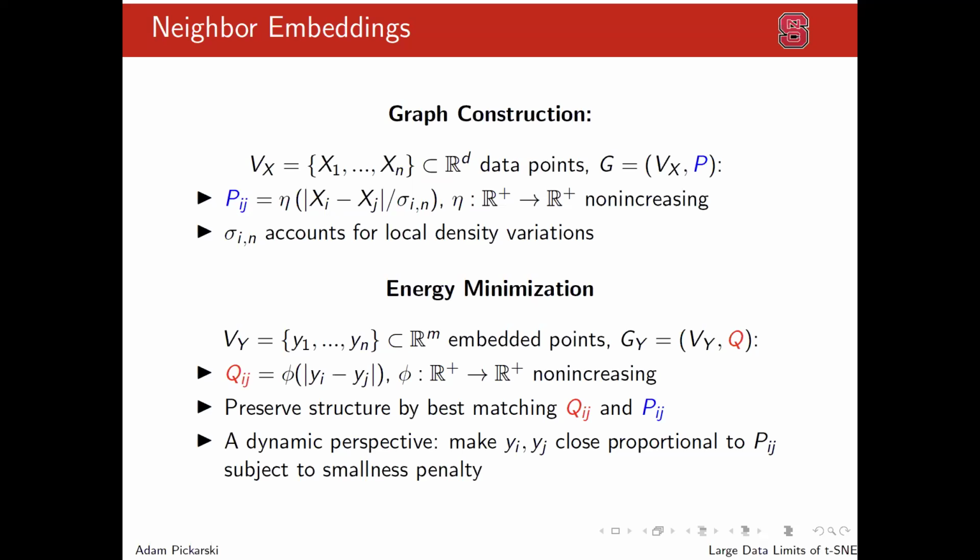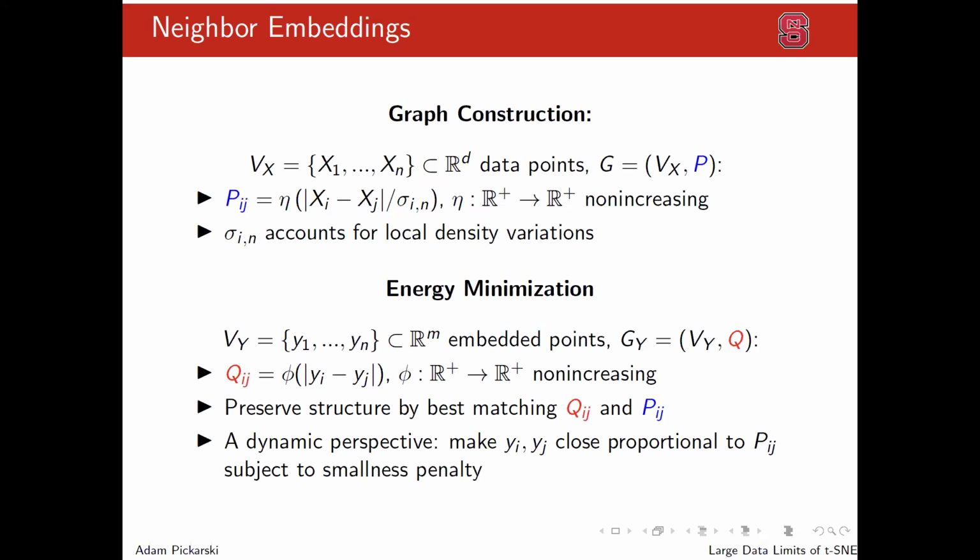So they construct a weighted adjacency matrix in the high dimensional space, and they construct a weighted adjacency matrix with a different kernel, which doesn't have to be self-tuned because you're just embedding onto R itself, or R2, where there are not really complicated local variations going on. That's why they don't need self-tuning there. But you're really trying to match the edge weights, so it's like a quadratic problem or whatever.